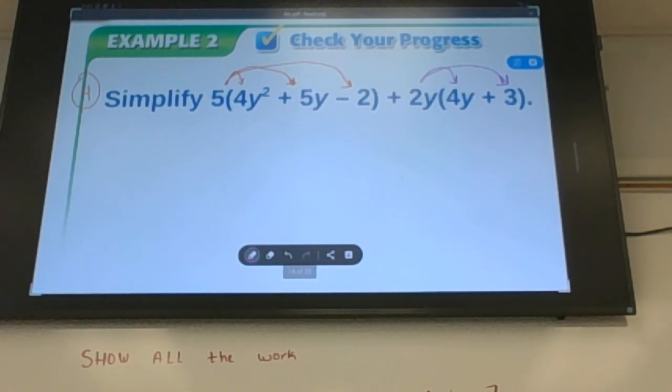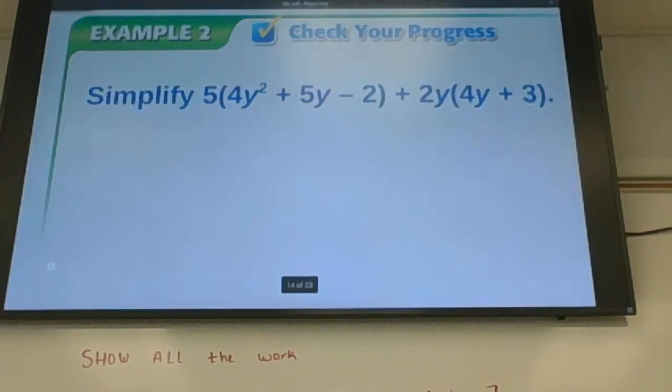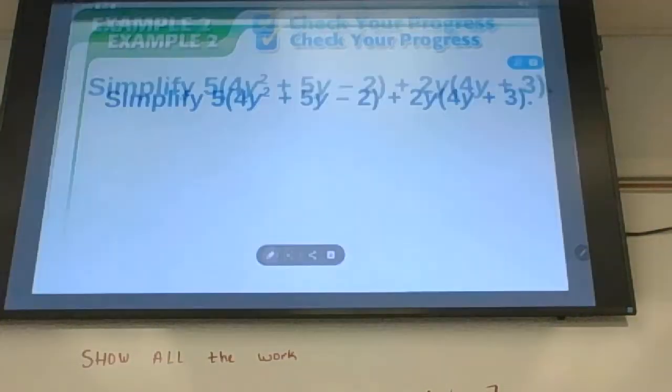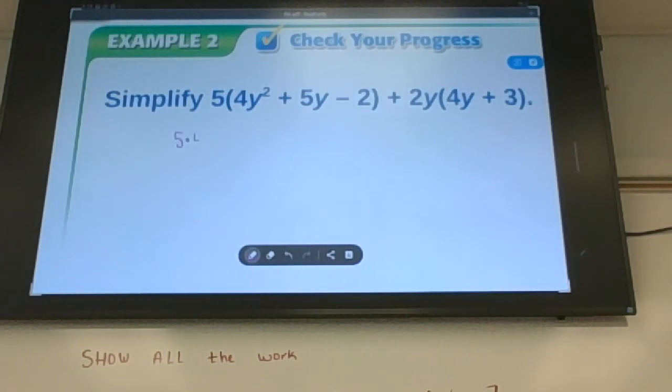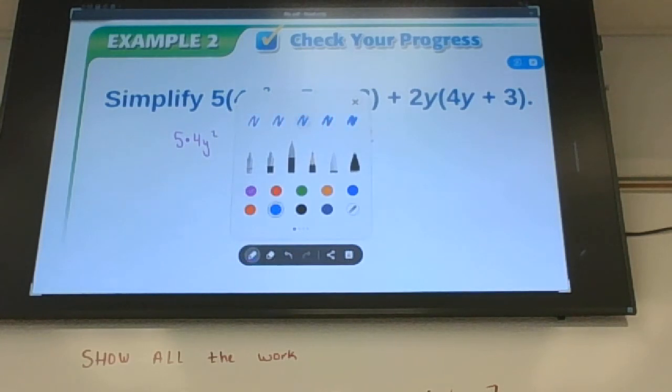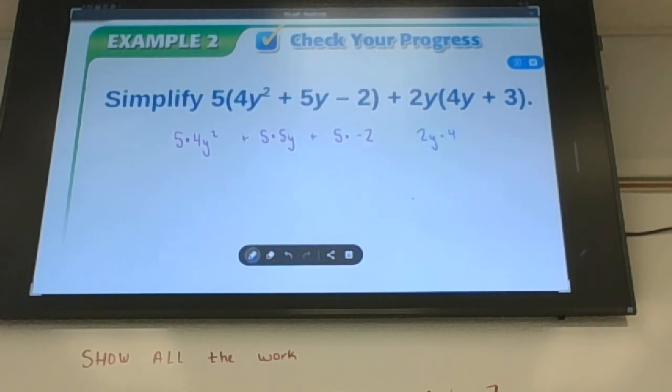Always put it in standard form. So I multiply the 5 through. Okay, check this line. And then combine the like terms.